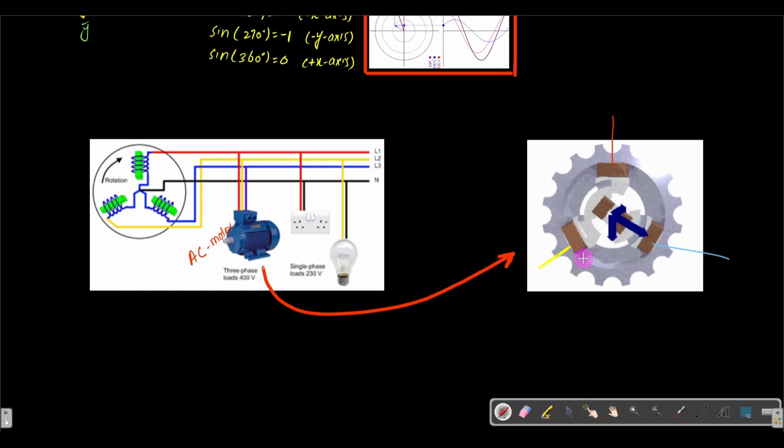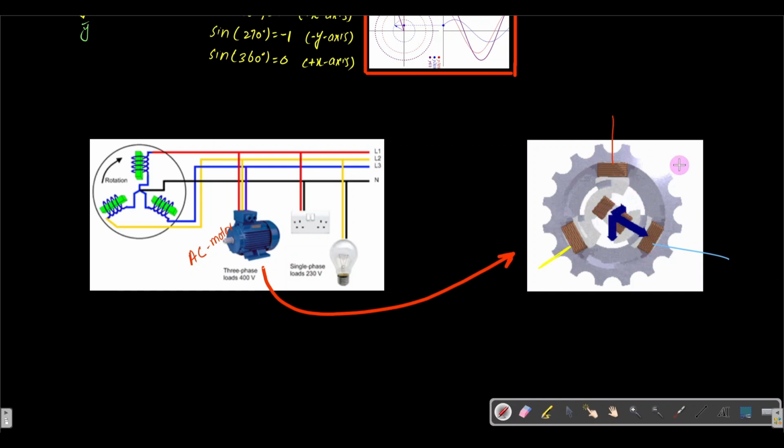When the alternating current is provided, due to the current, a magnetic field will be produced. Similarly, a magnetic field will be produced from this, and from that. And those magnetic fields will make a 120 degree angle here in the center.